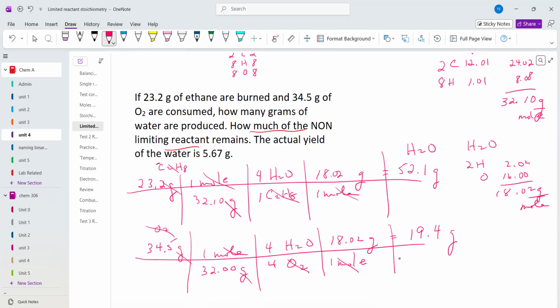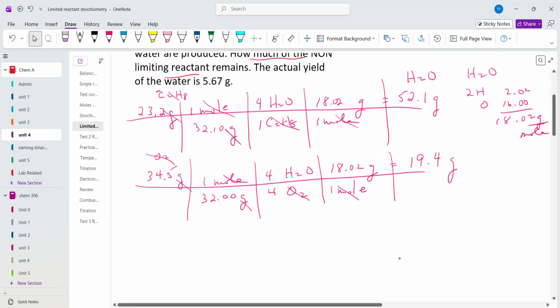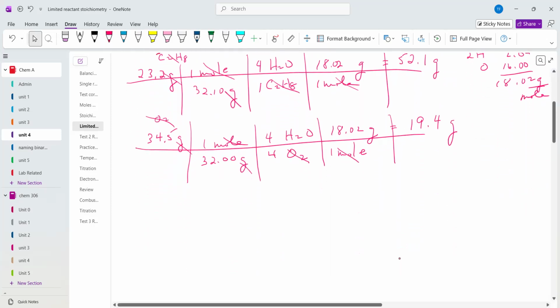Okay, it says how much of the non-limiting reactant remains. Now we have to figure out how much ethane we actually use. So we're going to start with the limiting reagent, which is oxygen. And the product now is going to be the ethane. And that'll be how much we actually used of the ethane. When we started with 52 grams, we're going to have excess left over. And so that's the next calculation.